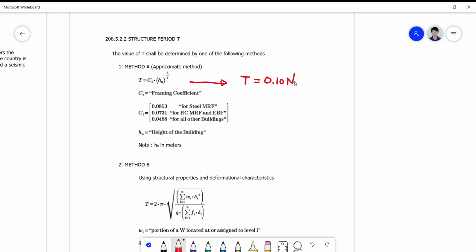So if you know the number of stories, let's say it's a 10-story building, then your period is simply 10% or 0.1 of 10, which is 1. So for a 10-story building, your T now becomes 1, because N means the number of stories.